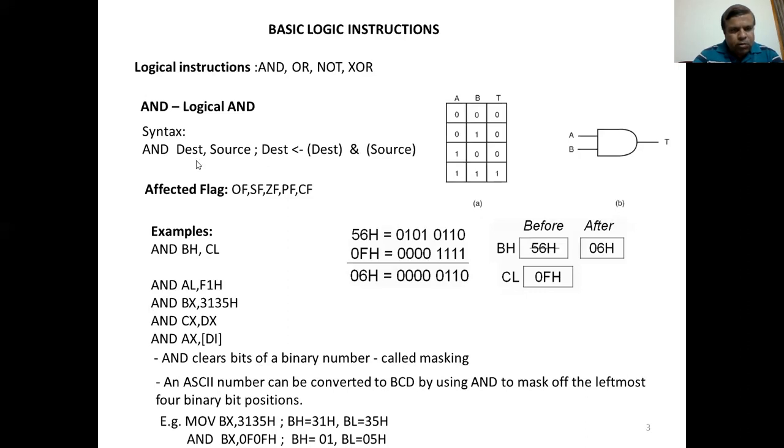The task of clearing the bits in the number is called masking. So this instruction is used for masking the bits in the destination. So masking is nothing but clearing the bits in the number.